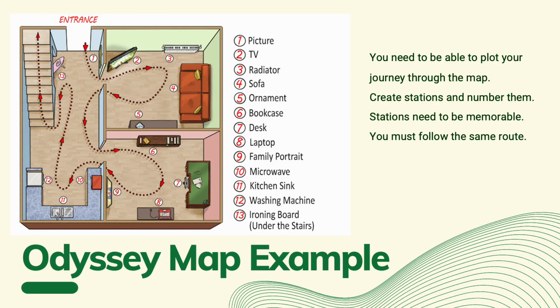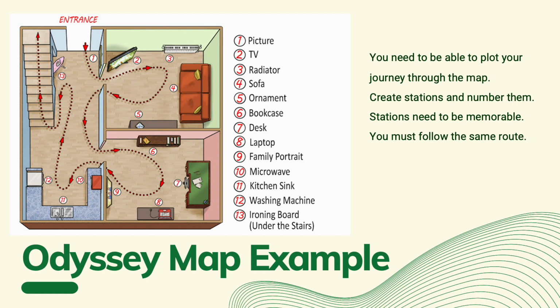Now, after you've decided on what your map is, you need to plot a route through this map. So in other words, that's your journey. Over here we have an example of someone using their home as their journey map. They begin through their entrance, look at a picture, walk past their TV, the radiator, the sofa, the ornament, and so on.